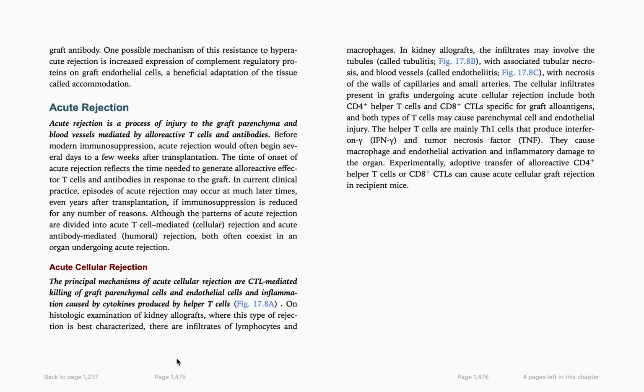The helper T cells are mainly T helper 1 cells that produce interferon gamma and tumor necrosis factor. They cause macrophage and endothelial activation and inflammatory damage to the organ. Experimentally, adoptive transfer of alloreactive CD4 helper T cells and CD8 cytotoxic T cells can cause acute cellular graft rejection in recipient mice.